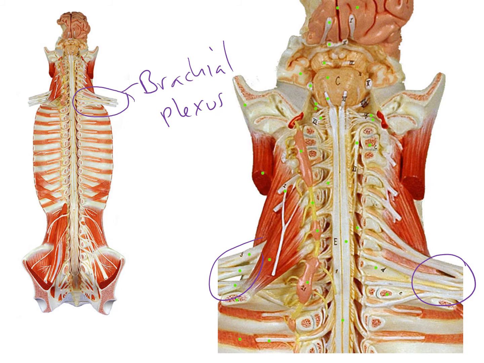You'll notice that the left side of the model and the right side of the model look slightly different. The left side is showing you a deeper view, the right side is showing you a more superficial view. So that accounts for some of the differences between the two sides of the model.